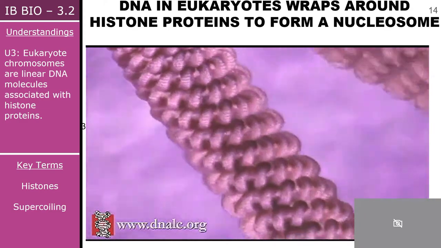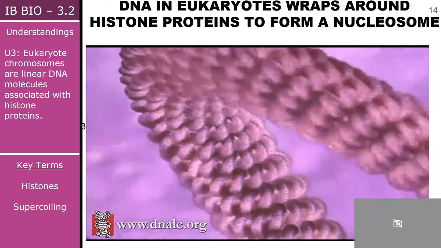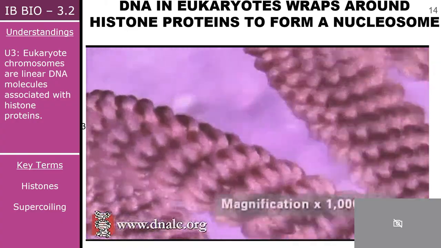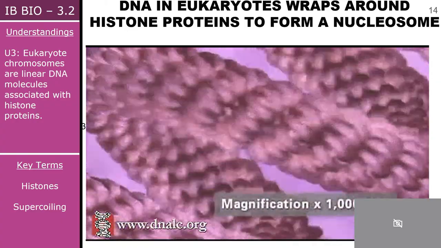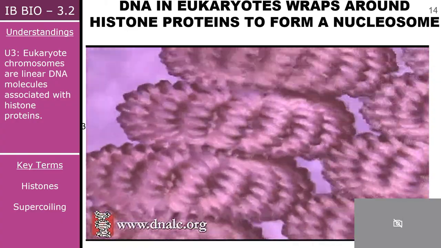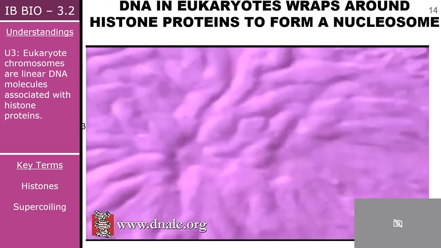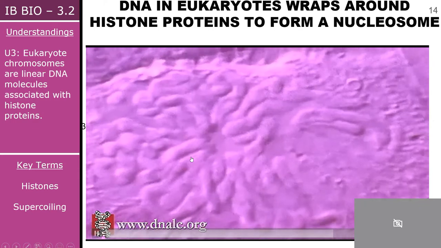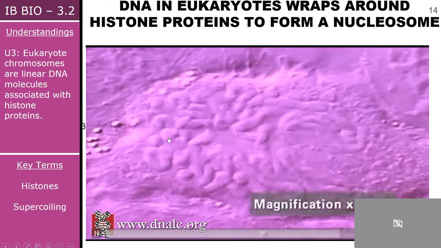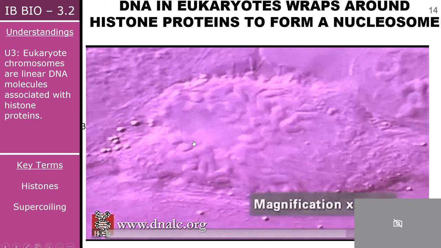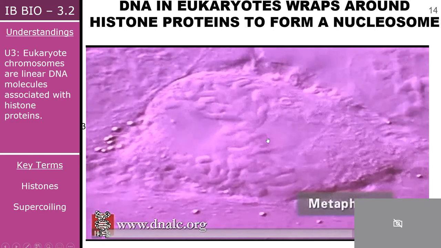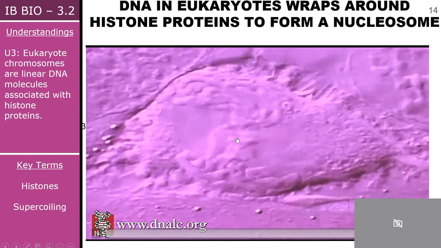Okay, so again, this is just the big fibers, and it's going to zoom out here in a minute. So this is just a really super wound up piece of DNA in the chromosome. Okay, and again, if we zoom out, this would be what they look like in the nucleus of a eukaryotic cell. Okay, and you can only see them when cells are dividing.